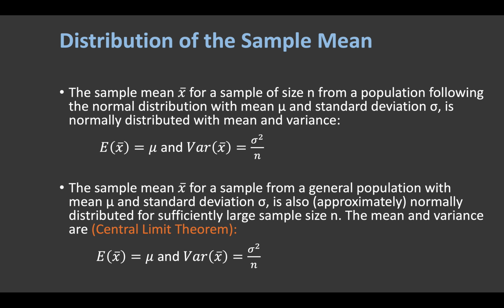This actually leads to the central limit theorem. The sample mean, which basically states like this: the sample mean x bar for a sample from a general population with mean mu and a standard deviation gamma is also approximately normally distributed.